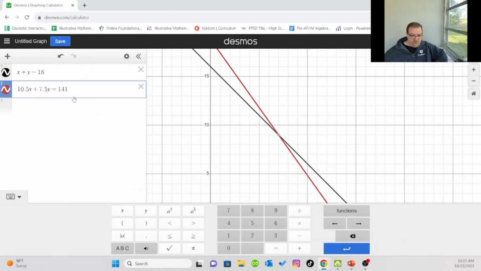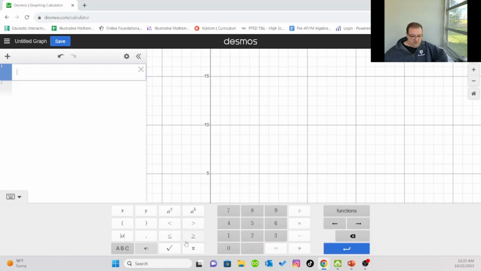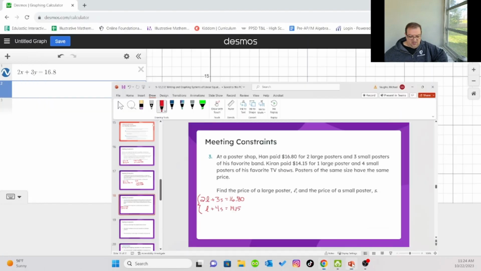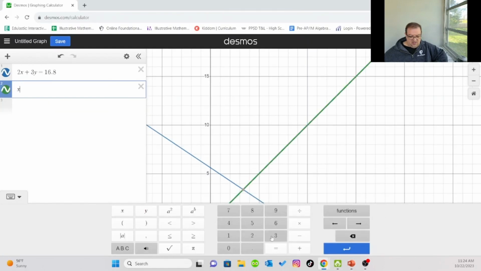So we have 2x plus 3y equals 16.8. Then we had x plus 4y equals 14.15.